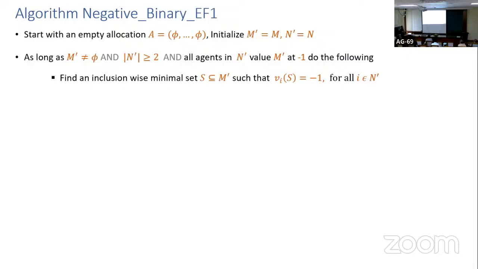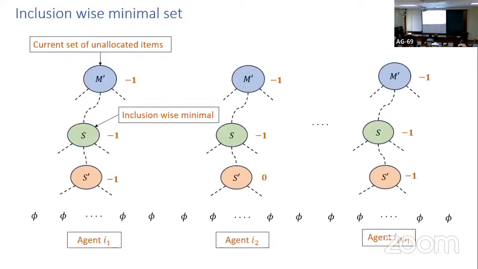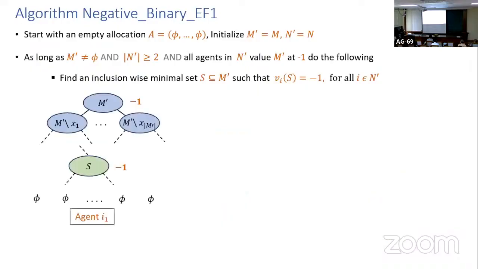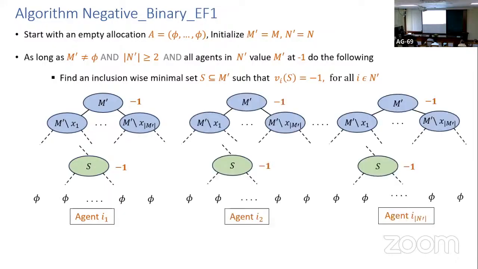As long as M prime is non-empty and all the agents in this set of remaining agents value M prime at -1, that is what we want, right? Then you find an inclusion-wise minimal set that is valued -1 by all the agents, and we assign this subset S to an agent.